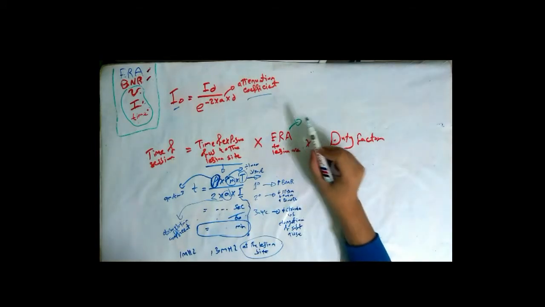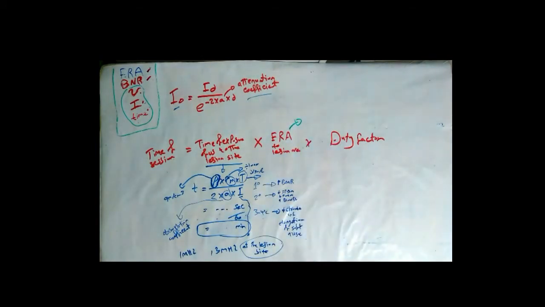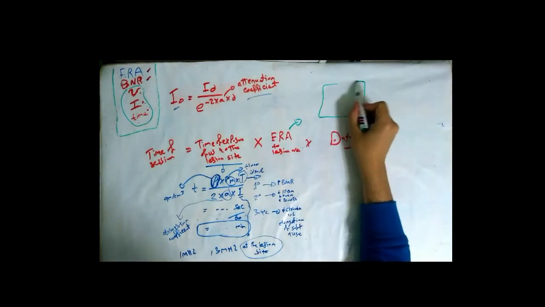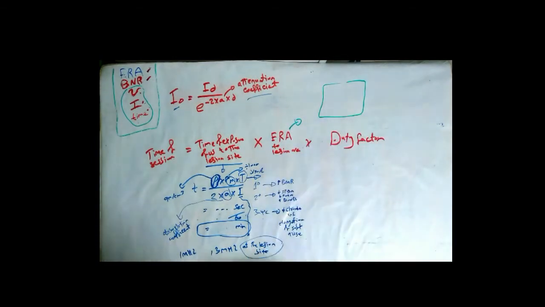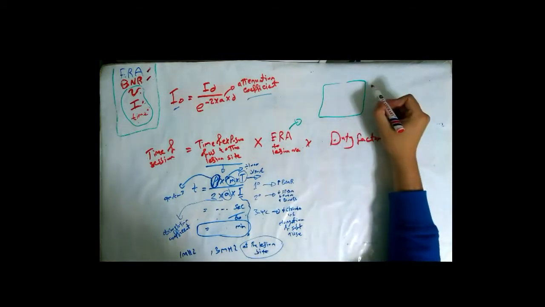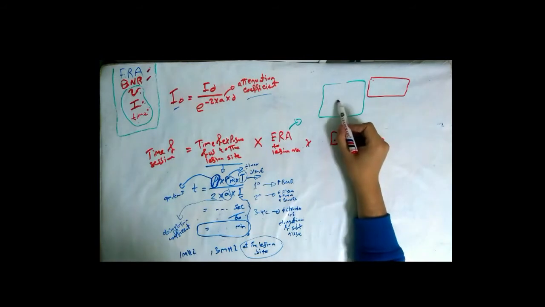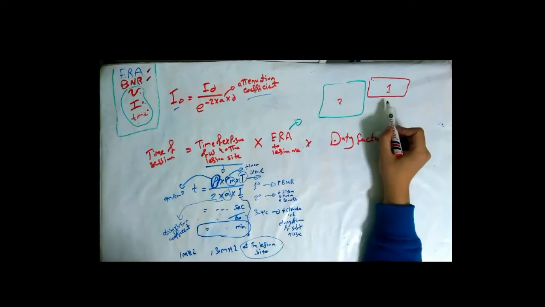The second factor depends on the relationship of the lesion area to the effective radiating area. If this is the lesion area and this is the effective radiating area, you will notice here the lesion area is double the effective radiating area.